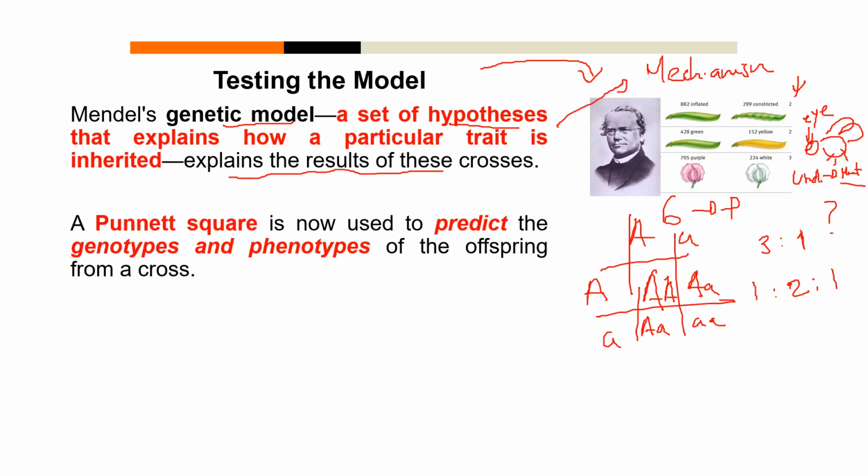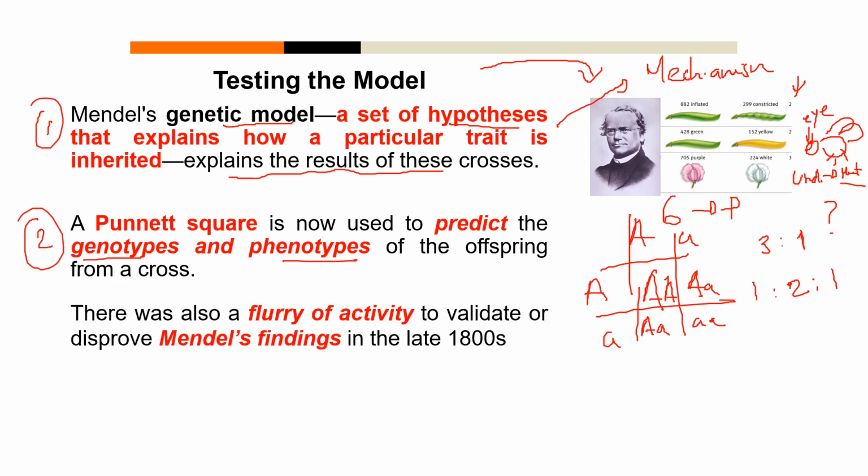We had Punnett squares, which were a wonderful tool to predict the genotypes and the phenotypes. However, we still didn't know the mechanisms. And to do that, many scientists started trying to validate and disprove Mendel's findings.